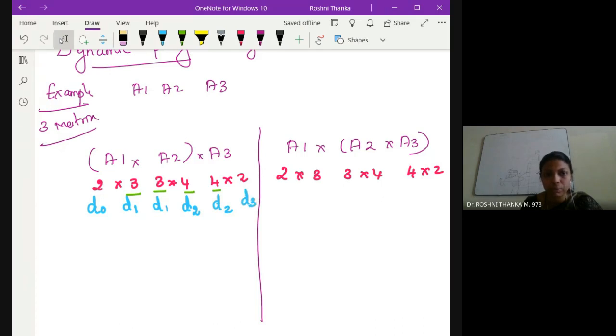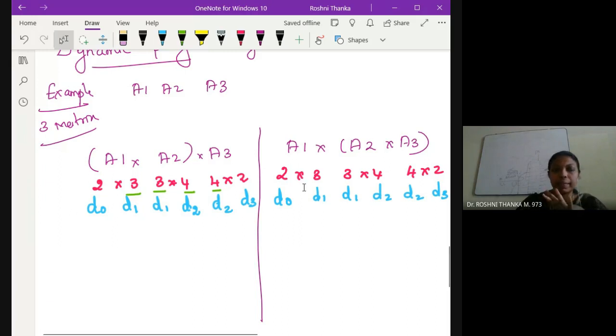Same thing here: this is D0, D1, and this also D1, because this column and this row should be the same. For both of them, we give the same name D1. And here D2, here also D2, and here D3. So these are the dimensions.